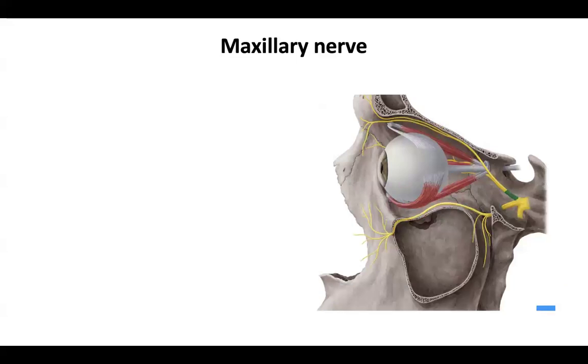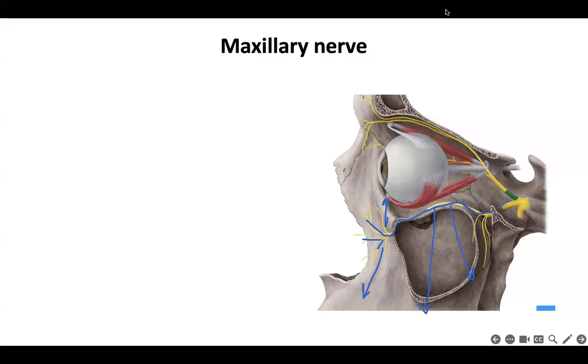Regarding the maxillary, it passes through the foramen rotundum, as we see here, then enters the orbit again through the inferior orbital fissure, infraorbital groove, infraorbital canal and infraorbital foramen, so it becomes the infraorbital nerve. It supplies the skin of the side of the nose, the upper lip and the lower eyelid, and also the maxillary sinus and the upper teeth through the posterior superior alveolar, and the zygomatic division, which supplies the skin of the zygomatic and the temporal.